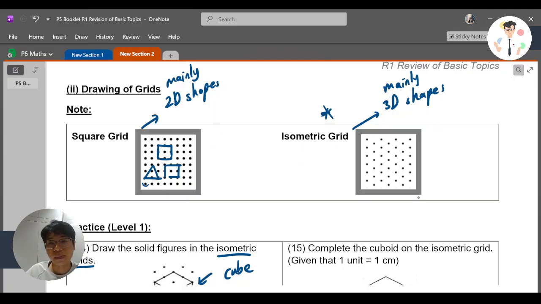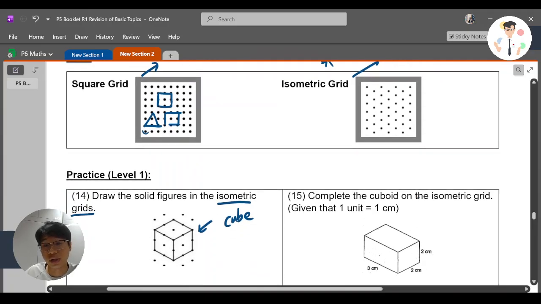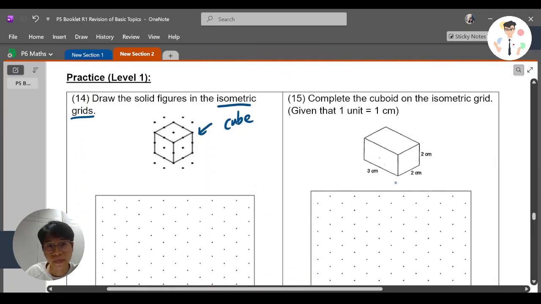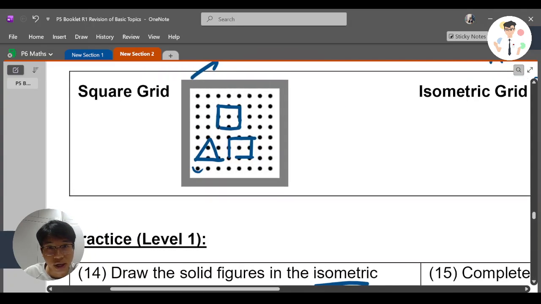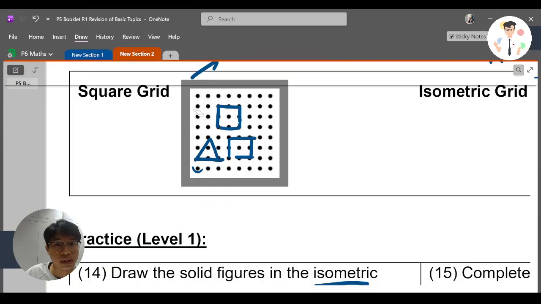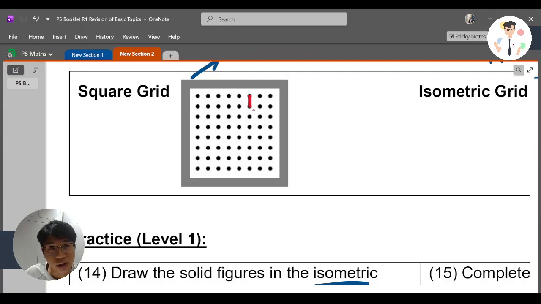Now, you'll probably be exploring drawing all these things. Let me zoom in a bit more on the square grid. You need to understand this. Let me give a clearer explanation here. This is 1 unit. This is 1 unit.